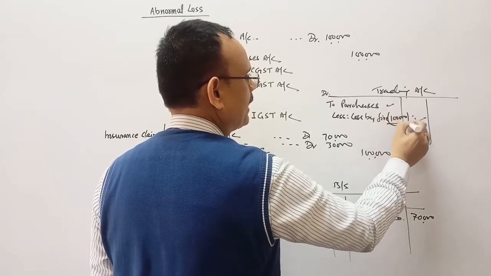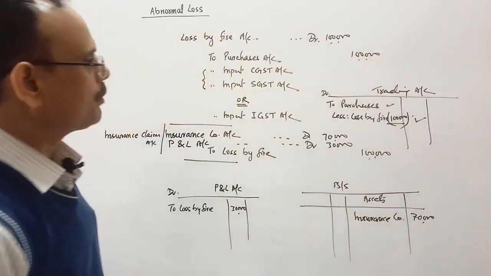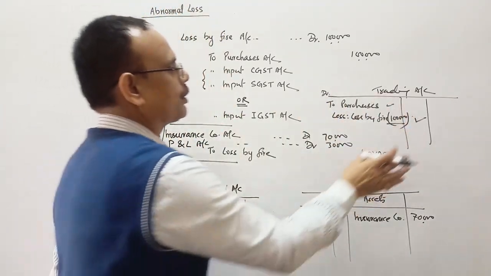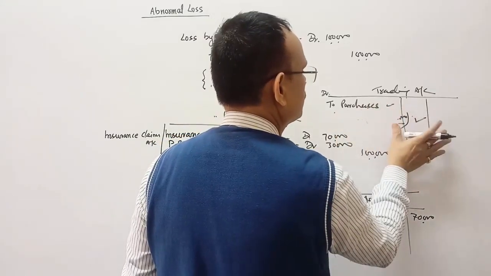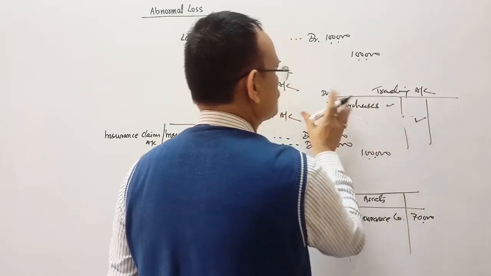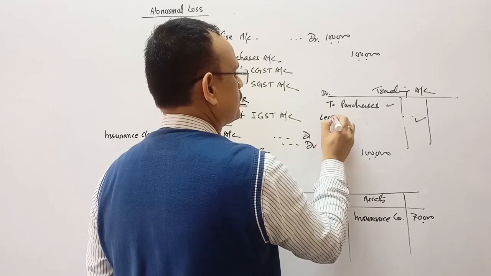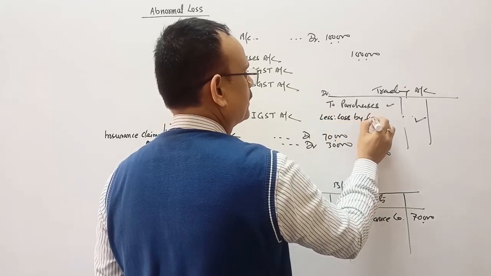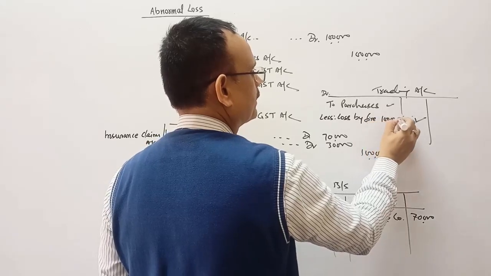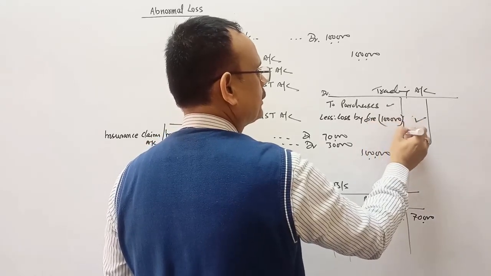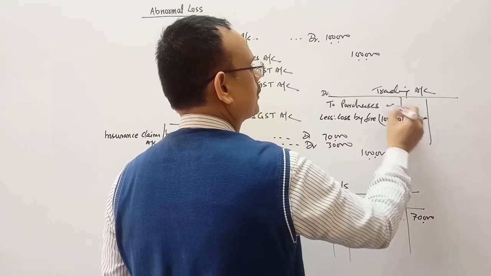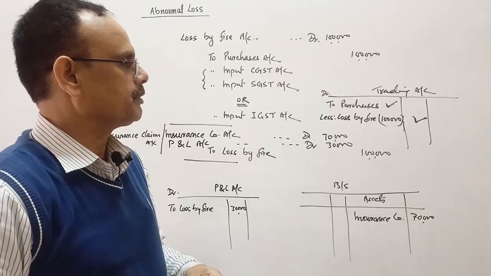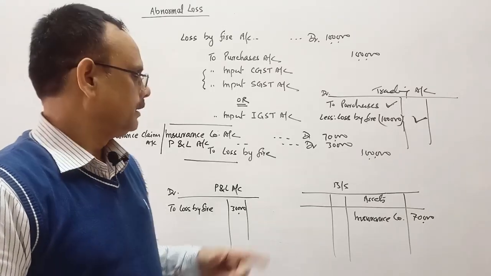You deduct loss by fire 1 lakh and write the amount thereafter in the outer column. The purchase given in the trial balance, from that amount you deduct the loss by fire 1 lakh.